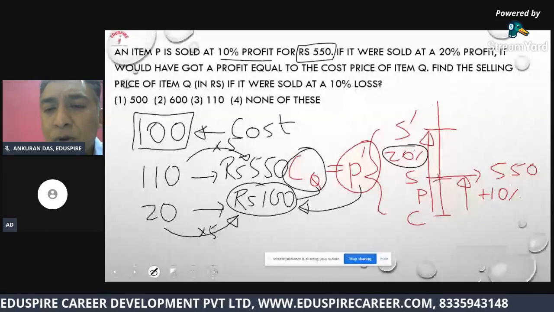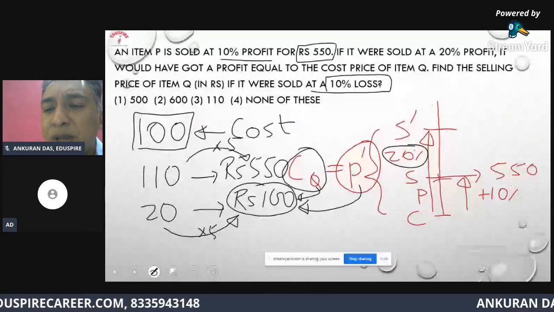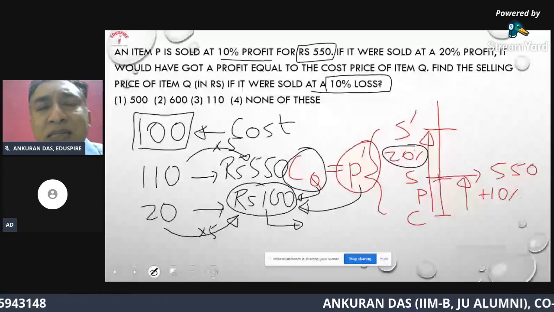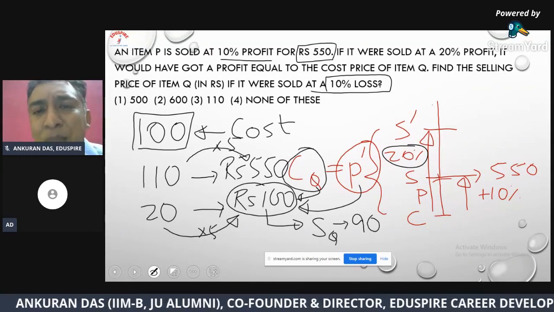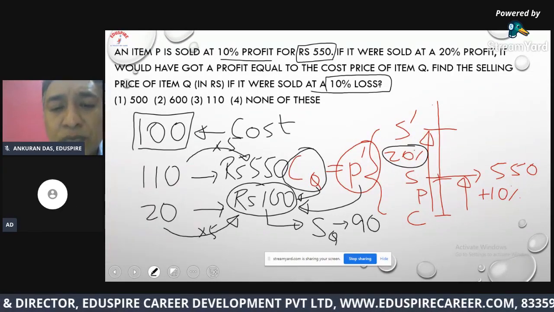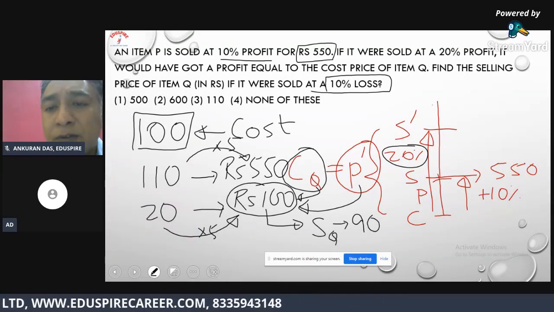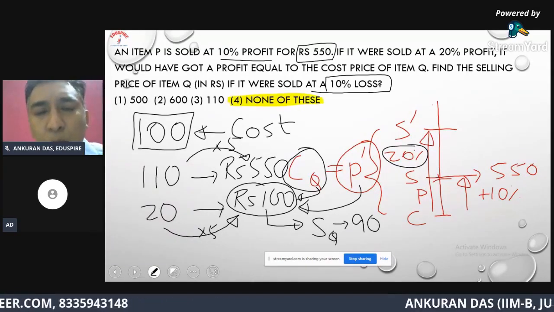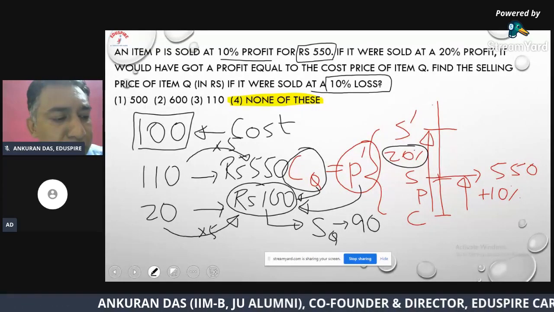So on rupees 100, if you apply 10%, then the sales price of Q will become 90 rupees. 10% of 100 is 10 rupees, so that is the loss. Then the sales price will be 100 minus 10, that is 90. And hence your answer to this question would be none of these, that is option number 4. I hope that was clear to all of you. So we'll proceed to the next one.